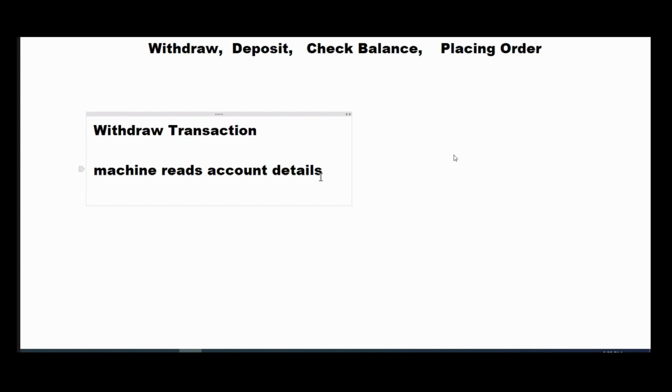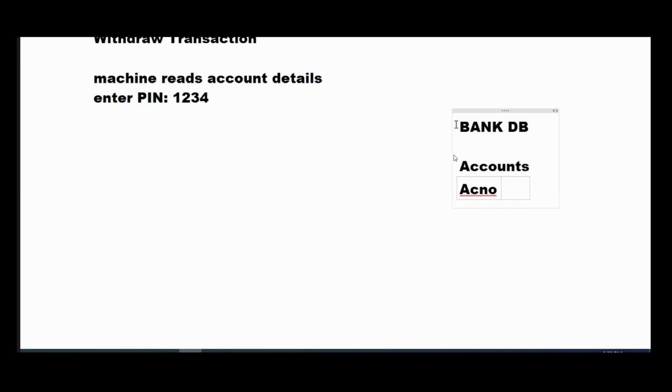Then immediately it is asking you to enter the PIN number. You are entering the PIN number. Is your entered PIN number matched with the bank database PIN number or not? It checks. In the bank database, there is one table with account number, that account holder's PIN number, details, and that account's balance.